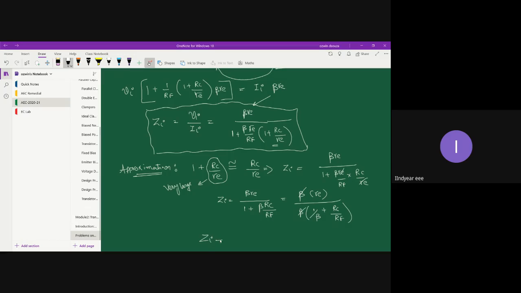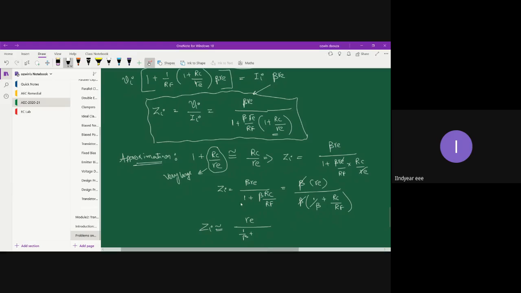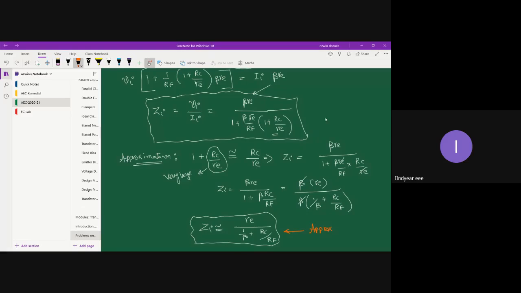The approximate expression you will get is Zi equal to Re divided by (1 by beta plus Rc by Rf). So this is my approximate expression, and this is my exact expression.